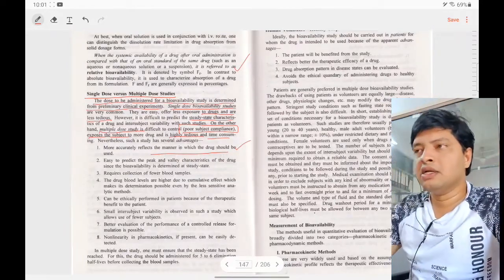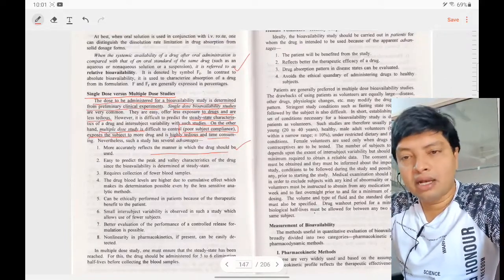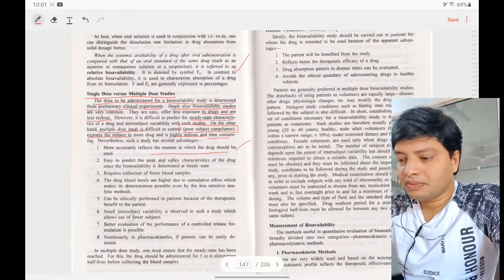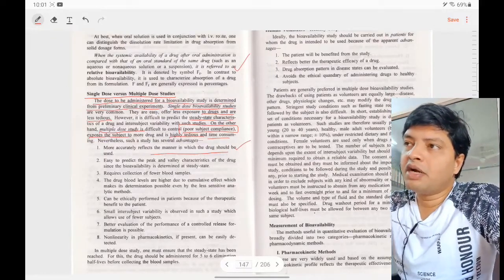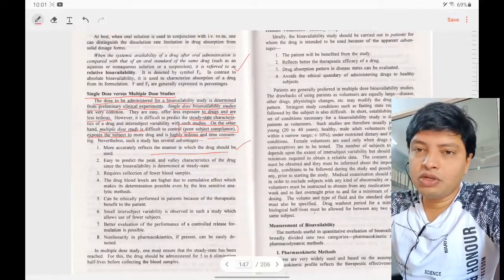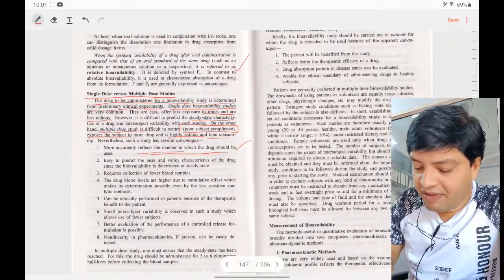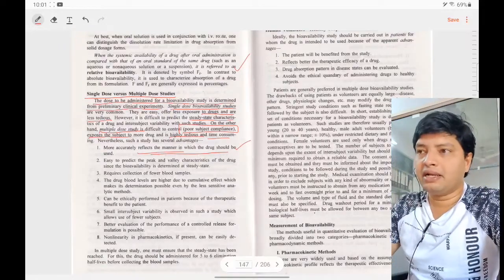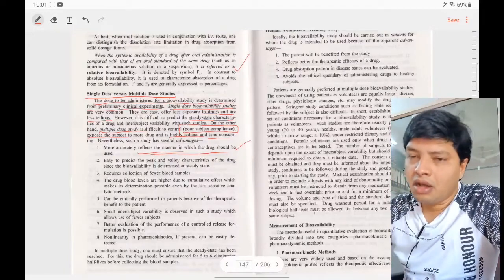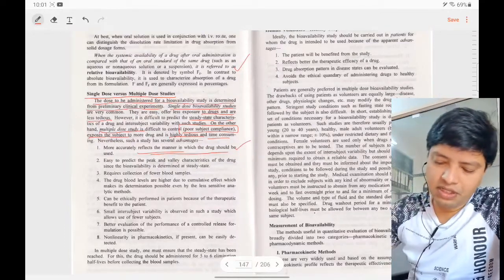Because you are using many doses in a prescribed dosage regimen, a multiple dose bioavailability study will reflect the manner in which the drug should be taken. So what you are going to take in normal life and what we are going to study will be almost similar. That's what this point is saying.